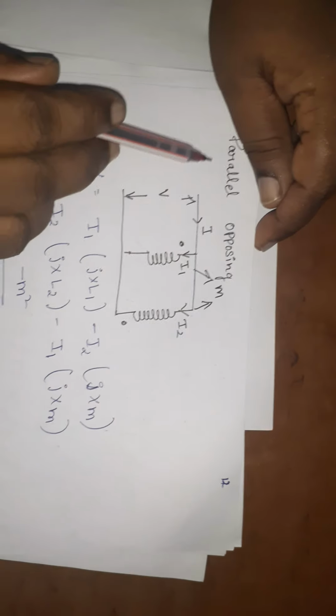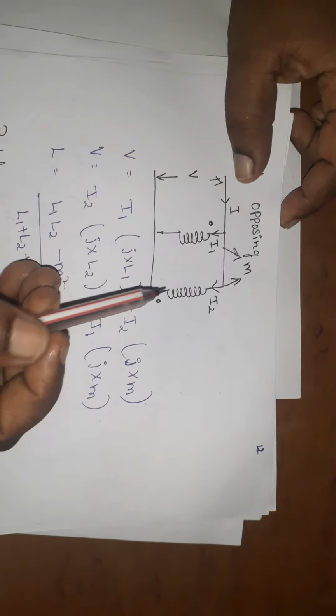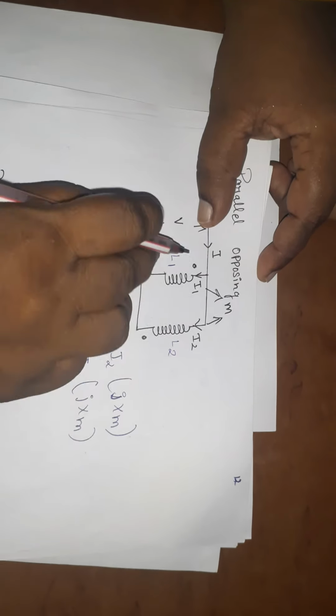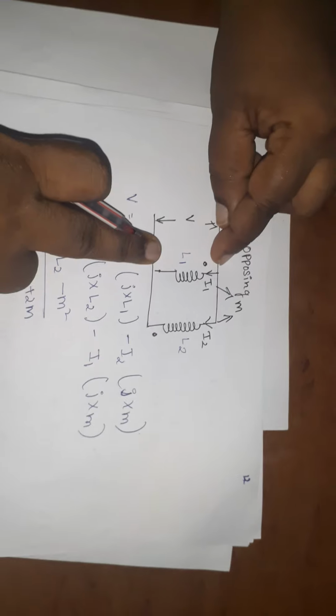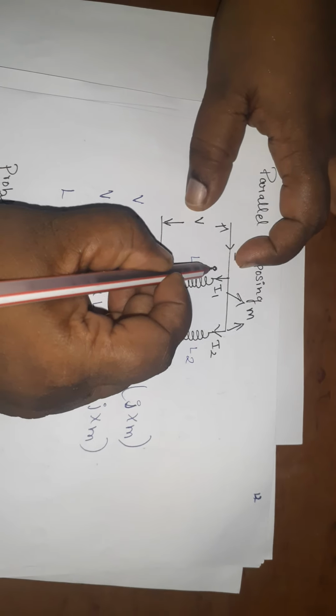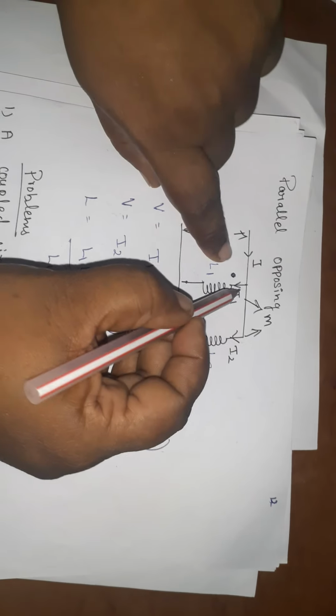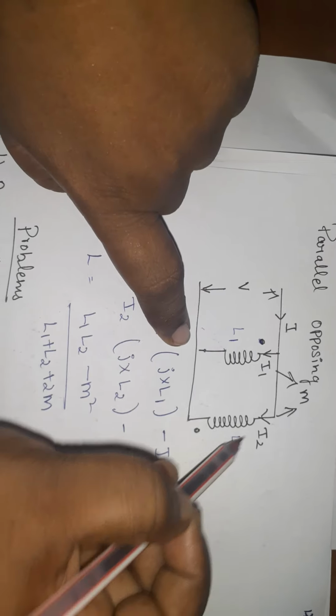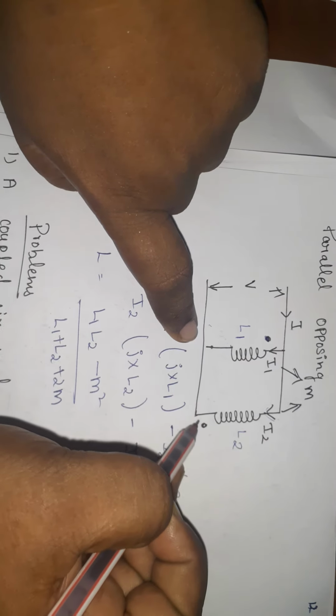Next, parallel opposing. Same as before, consider this circuit with coil 1 and coil 2, that is L1 and L2. The current flowing in coil 1 is I1, and in coil 2 is I2. In the first coil, the current entering end is the dotted point and it leaves from the undotted; in the other, it enters at the undotted point and leaves from the dotted point.